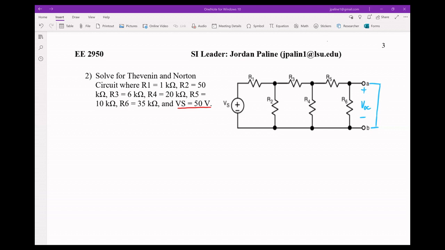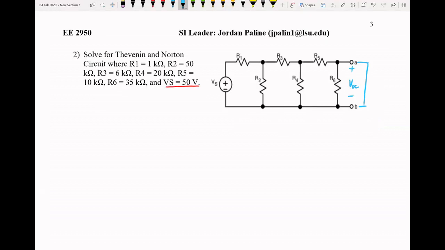So we're having to find R Thevenin, V Thevenin, and the Norton circuit, because for these two, that's all the components that we're going to need to make those up. Looking here, we know that the current is going to leave this battery, travel this way, hit this node.